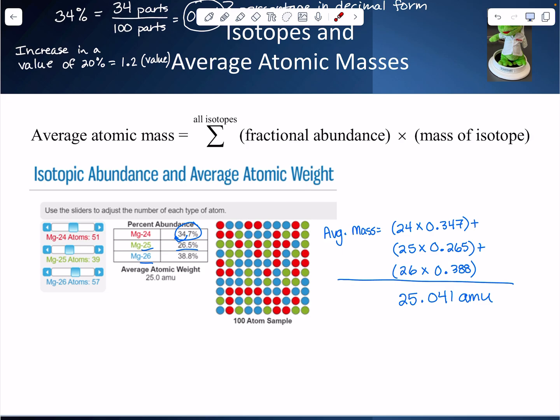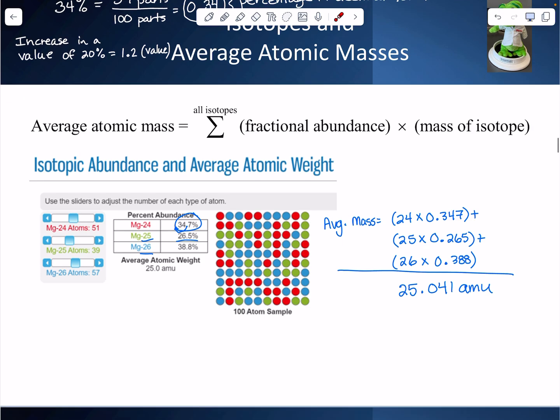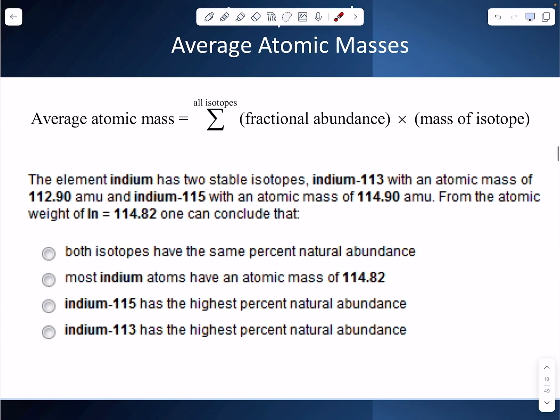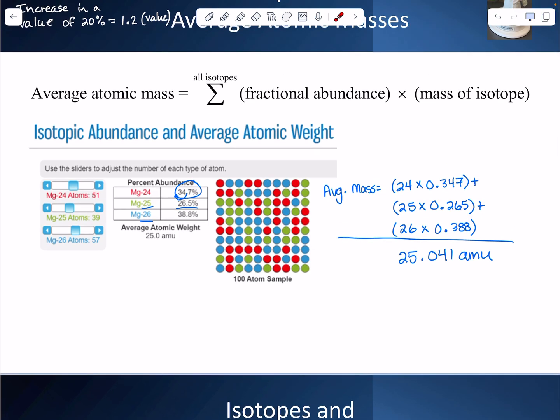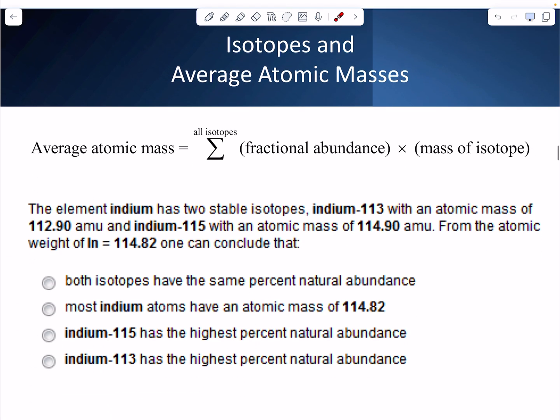All right, so again, we've been talking about isotopes and average atomic mass, and we did a few sample calculations, but let's start again reviewing what we've already learned by looking at these two questions that were in the slides.